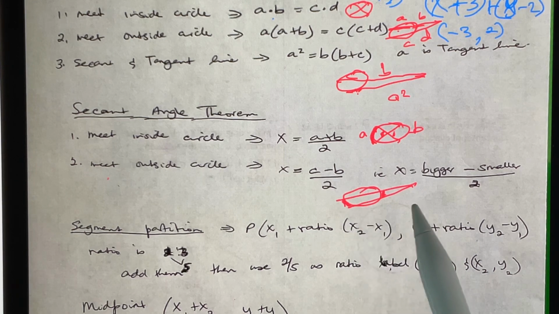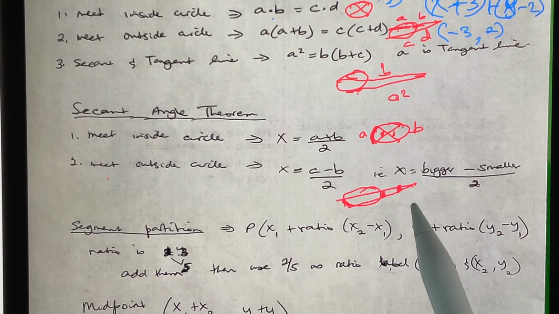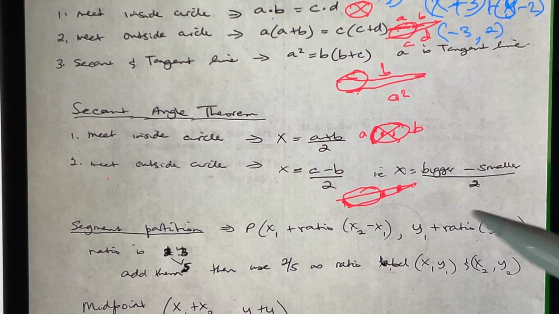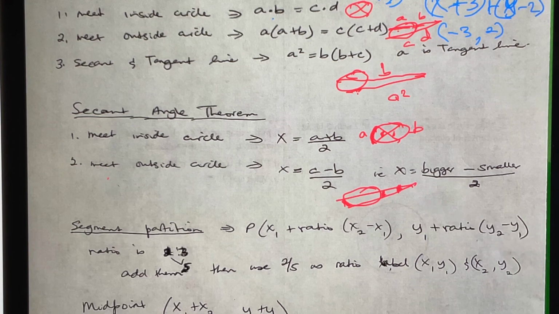You're taking that and you divide by 2 to find this angle right here. So the segment length is different from the angle, but you have to be careful with that. Please go ahead and watch my videos on this because that would help you tremendously.